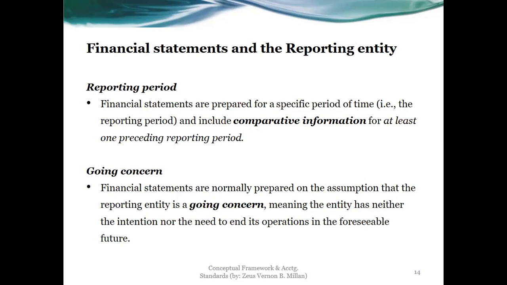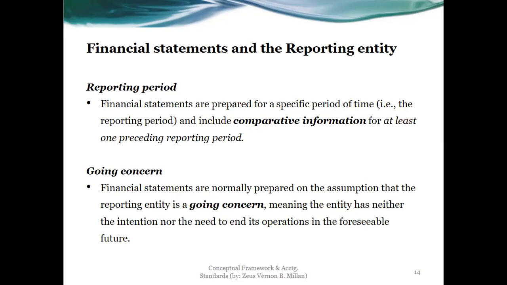For going concern, we have here the assumption that the entity would continue for a foreseeable future time, for an indefinite period of time. So the business would continue up to the time that the owners or the management would decide to end its affairs.